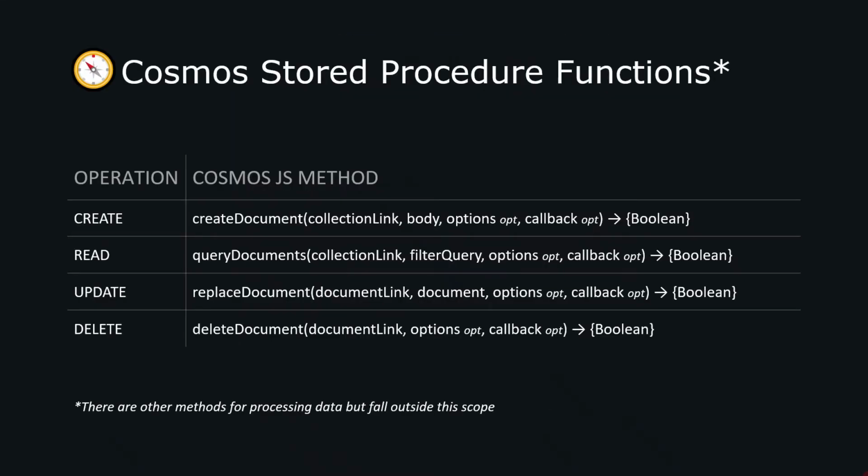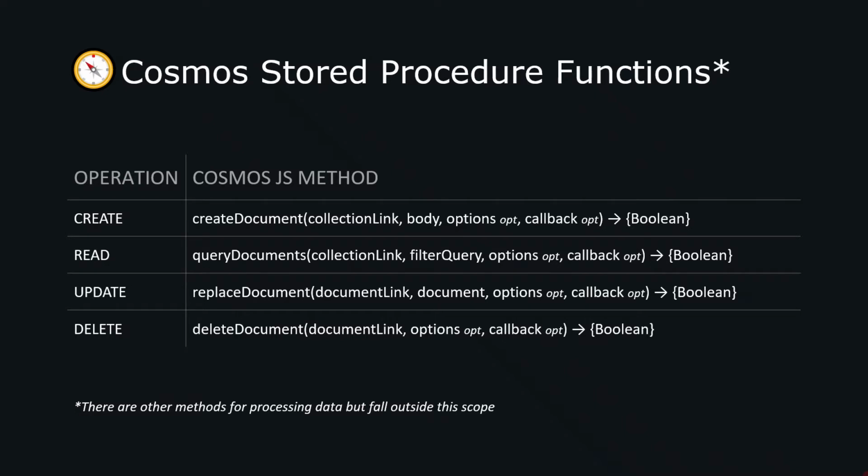Okay, cool. So in terms of the stored procedures themselves, I've placed 4 here, but there are more methods that could be applied. For create, read, update, and delete, it would be these functions here. For each of these functions, they would operate on a document or documents. They would have an additional parameter based on that document, and then they would have options.